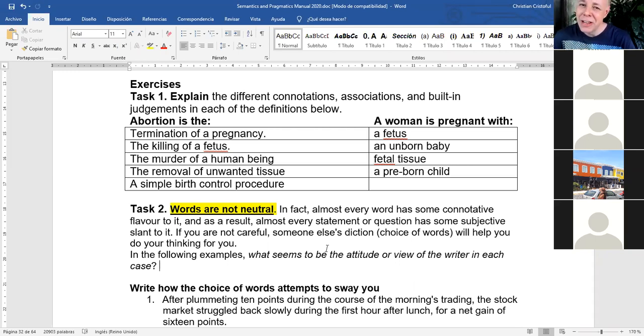So we need to be very intelligent, very smart. If someone is trying to hurt you through words, you could just focus on the denotation of the words rather than on the connotation, and you could even win the argument. Like be smarter than the other person.